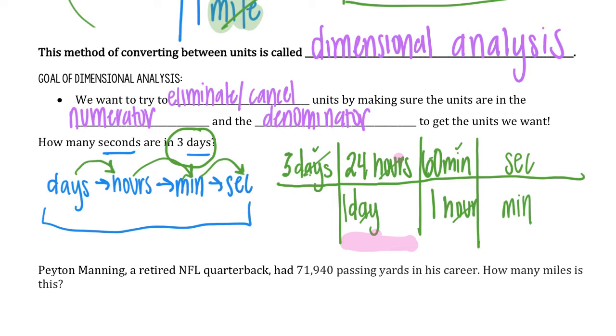Think to yourself of the conversion between minutes and seconds. 1 minute is equal to 60 seconds. The minutes in the numerator will cancel with the minutes in the denominator, and we are left with our final unit that we want, which is seconds. You'll now go back to the numbers and multiply straight across. Multiply, multiply.